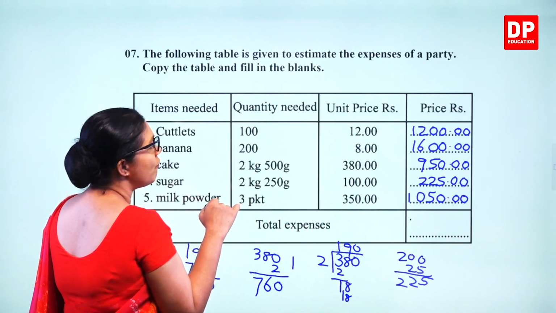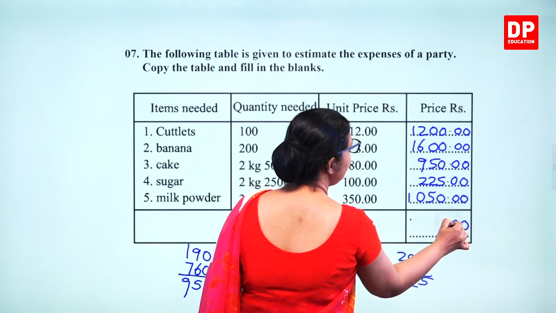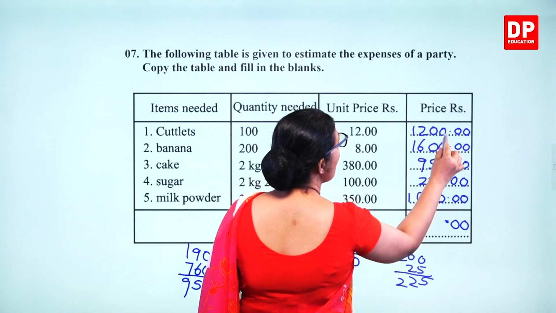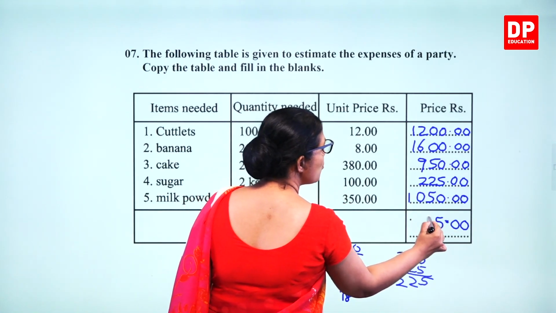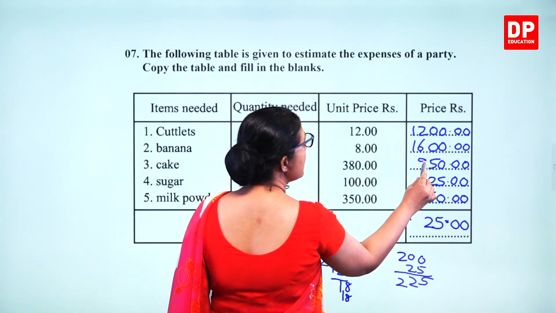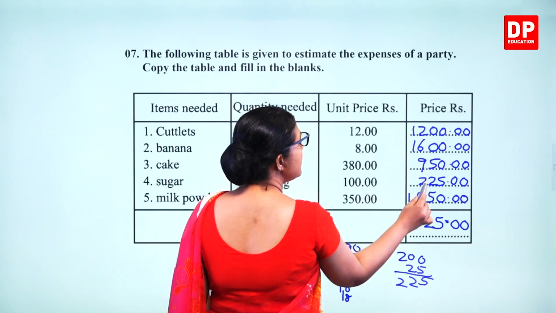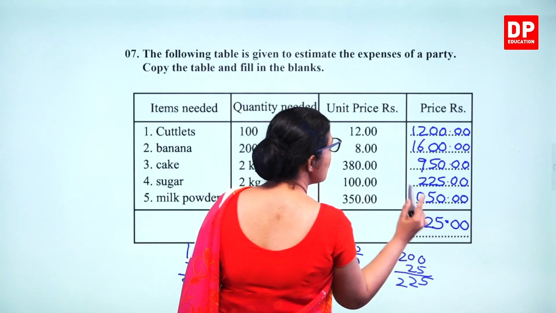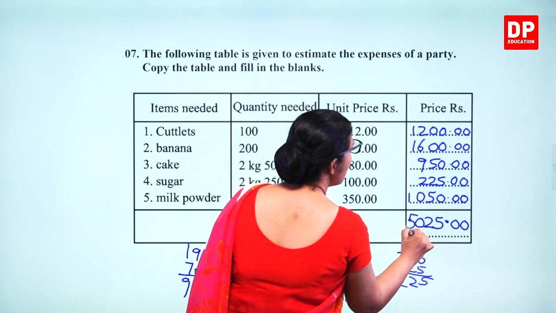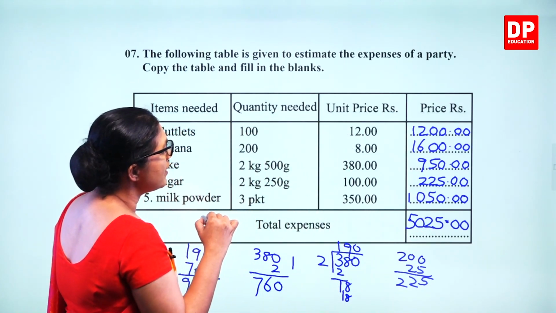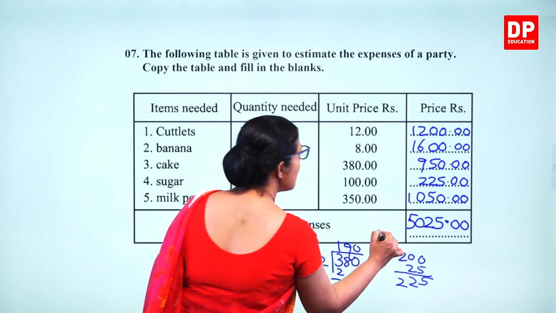Now we can find the total. 0, 0. 5. 5 and 5, 10 plus 2, 12. 1 remaining, 10. 6, 16. 17, 18, 19, 20. 2 remaining, 2, 3, 4, 5. So the bill is 5,025 rupees. This is in rupees.